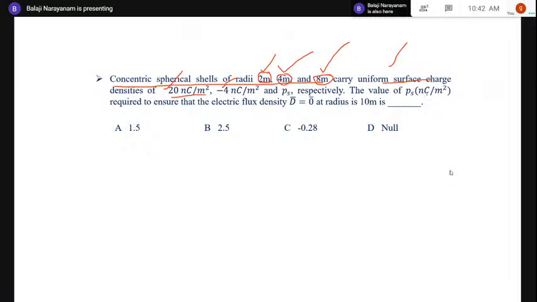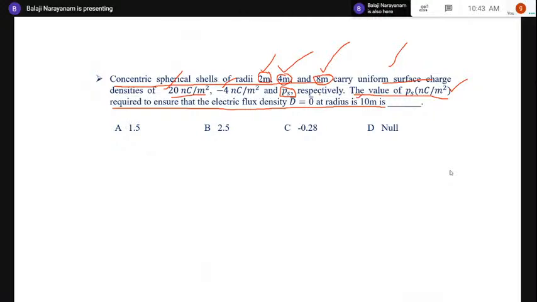Observe that for the third concentric spherical shell, the numerical value of the charge density is not given, and we are asked to find the value of rho s in nanocoulomb per meter square, which is required to ensure that the electric flux density D bar is equal to 0 at radius 10 meter.